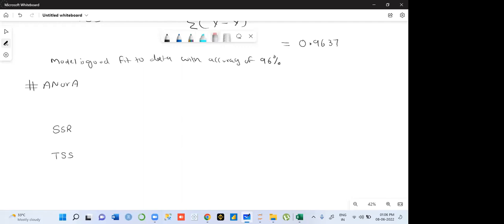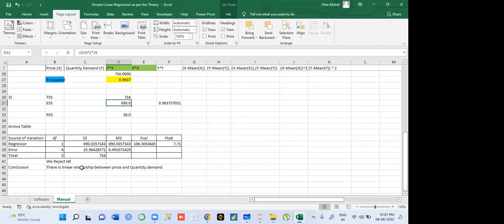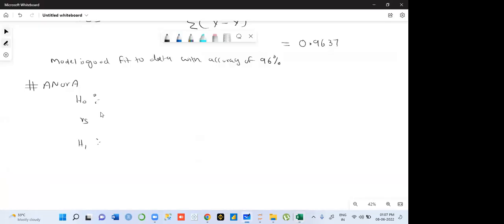Now, in ANOVA, we have to frame some hypotheses, guys. What are we finding here? That is my question.